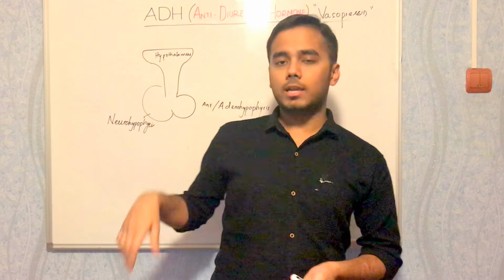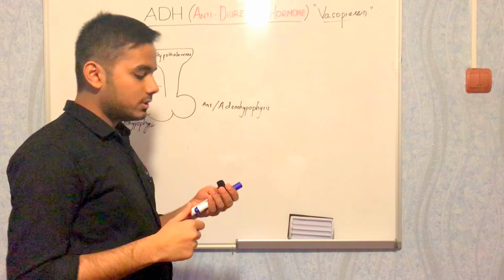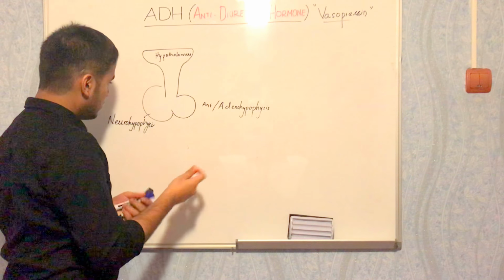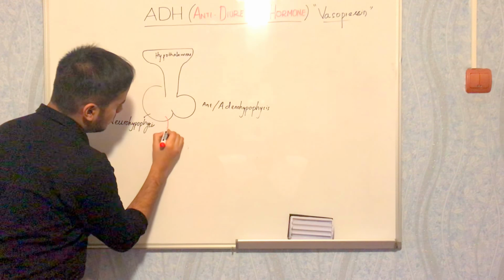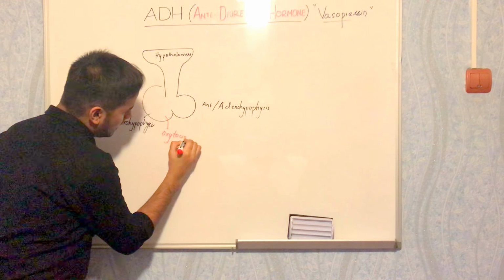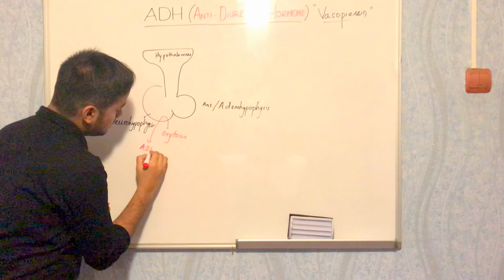Now coming to the anterior part of the pituitary gland, or adenohypophysis, there are several hormones which are released from this anterior pituitary. Coming to the posterior pituitary, there are only two hormones which are released, right? One is oxytocin, and the other is ADH. So this is most important.